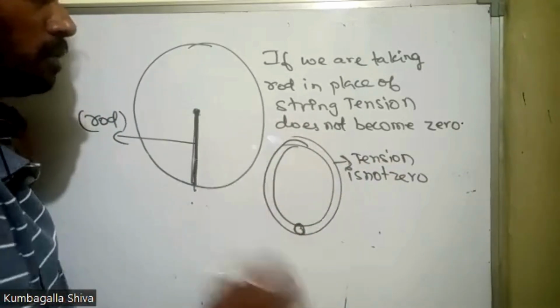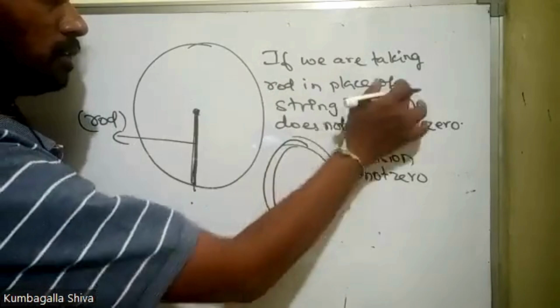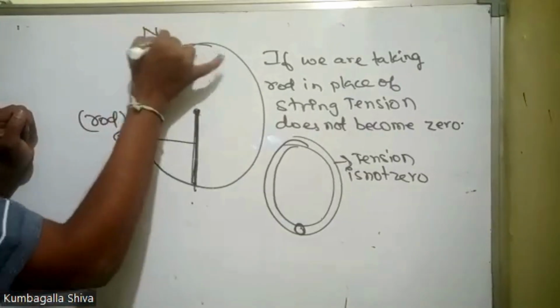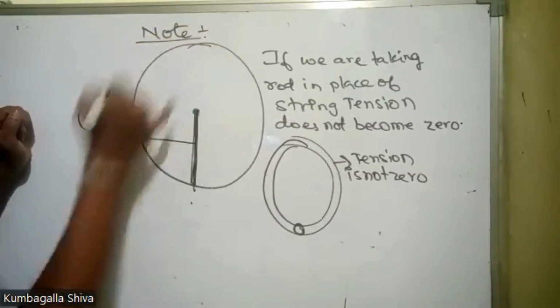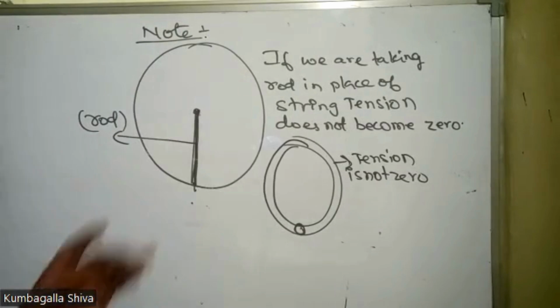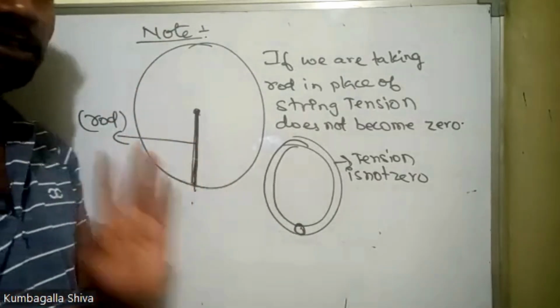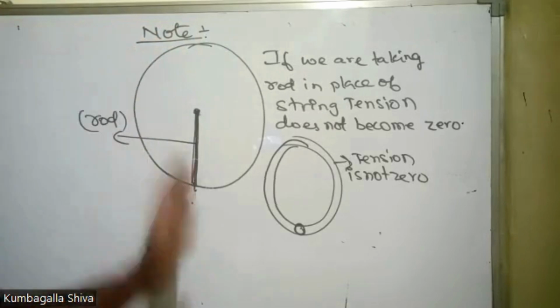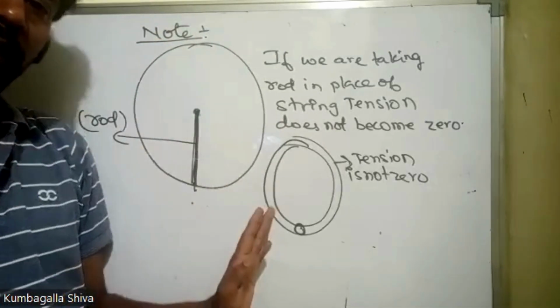If you are taking a rod in place of string, tension does not become zero. Please make a note: if you have a string it will try to become zero, but if you are taking a rod it does not become zero. Want to be noted.